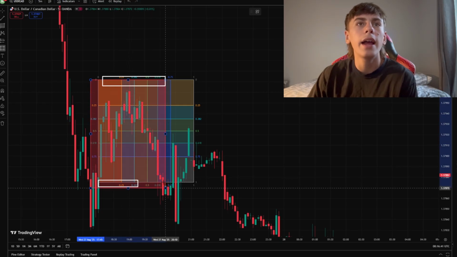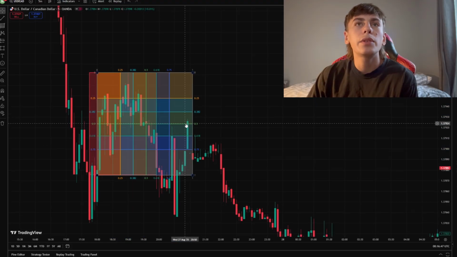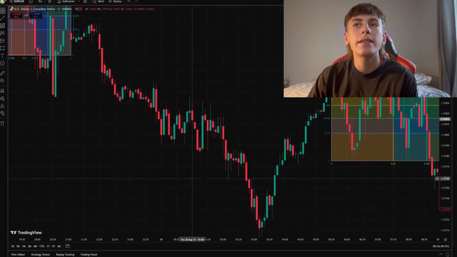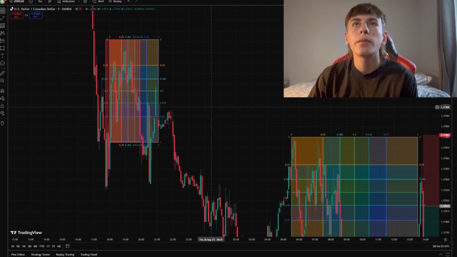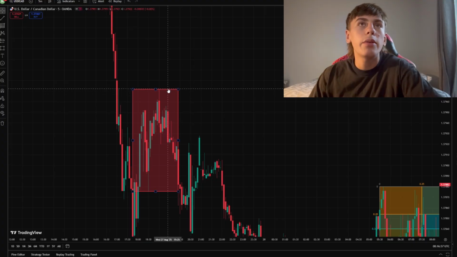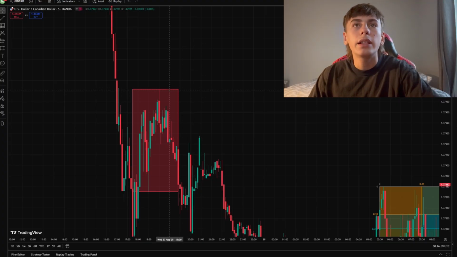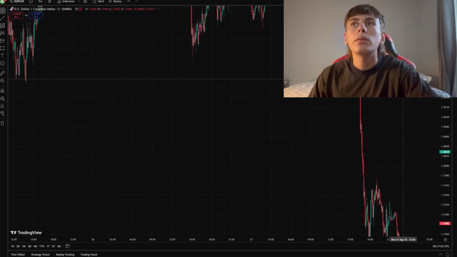And as we can see, price likes to go back into this 50% zone and then carry its ass on to whatever lows it wants to reach. So that's another example. I didn't use this as a trade. I probably should have, because that was a very clear equilibrium zone.